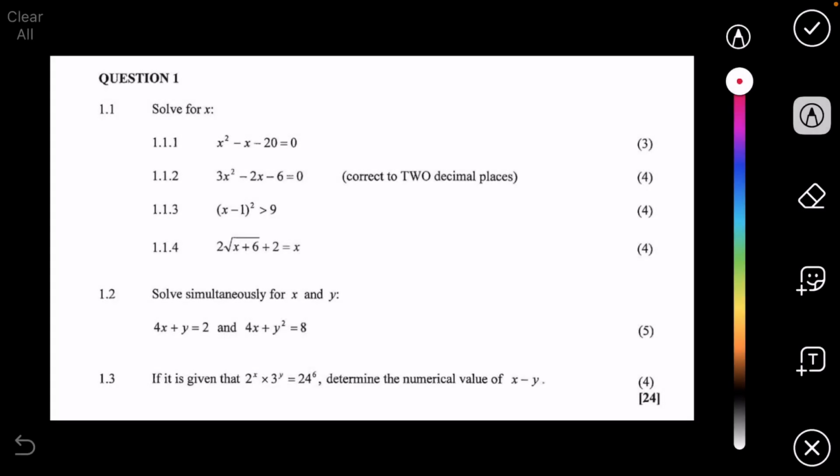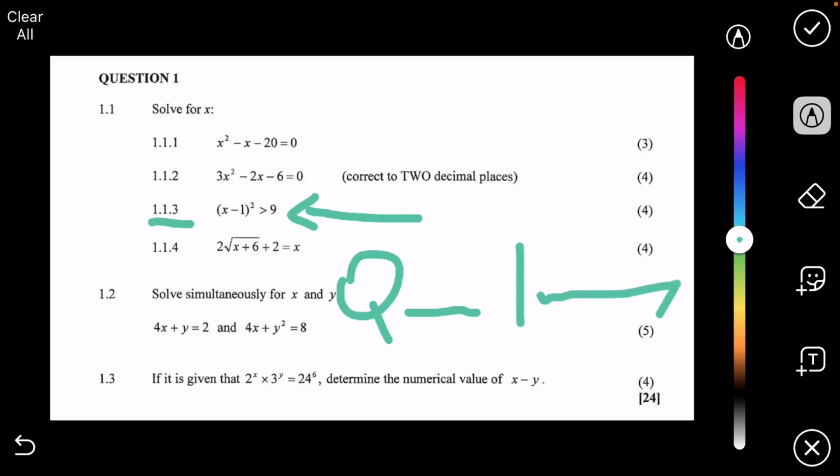So now let's have a look at question number 1.1.3. Okay, so guys, this is what we call quadratic inequality. So ladies and gentlemen, at all times you should be aware of the given sign over there.